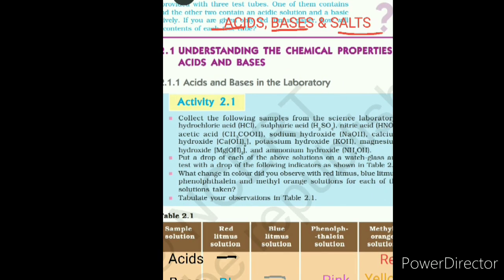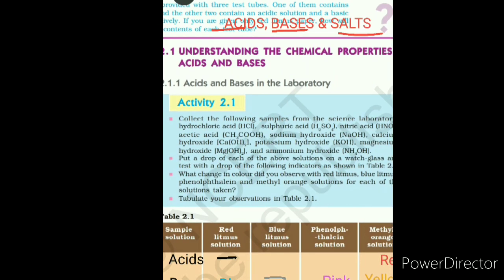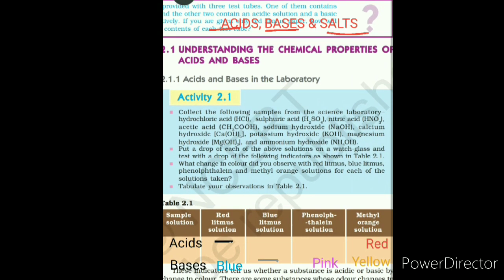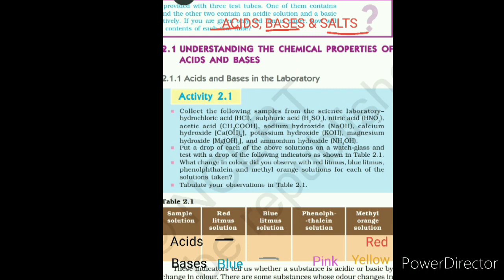Dear students, acids and bases are available in the laboratory. So here we are asked to do an activity. In this video we are trying to show the properties of acids and bases by testing with indicators.